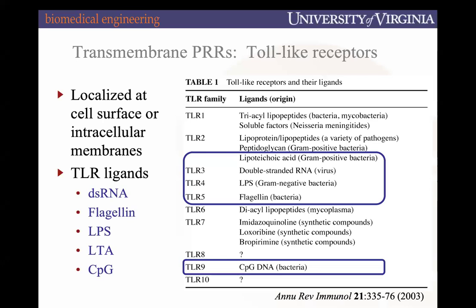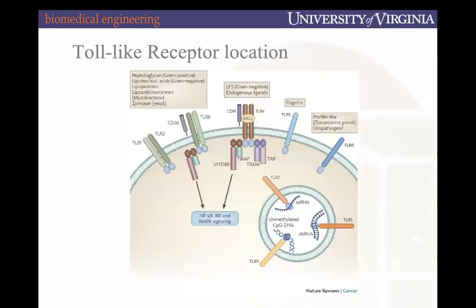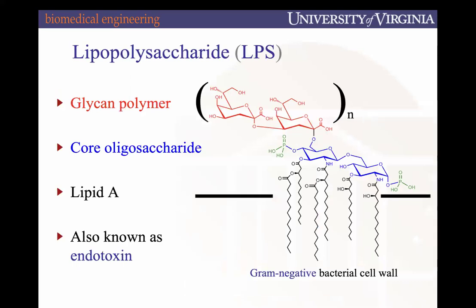So one of the molecular patterns that we've talked about a couple times now is lipopolysaccharide, or LPS. This is what is also known as endotoxin. We talked about it a few times here, but basically LPS is going to be found particularly on gram-negative bacteria, and I'm going to ask you to remember that.